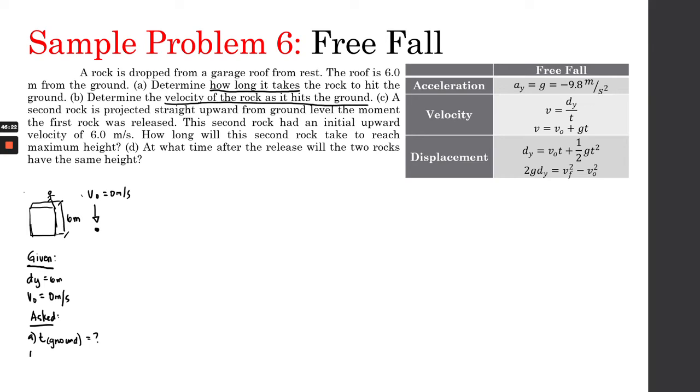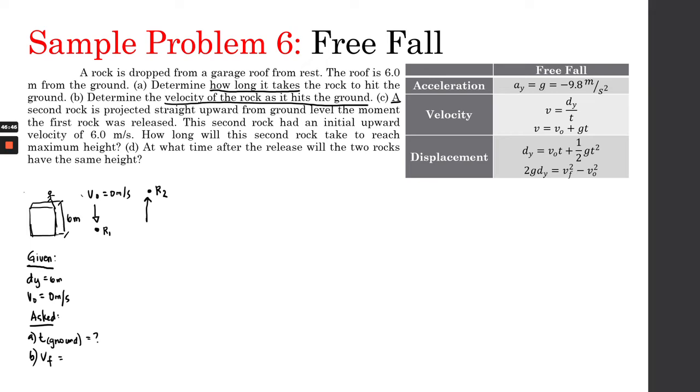So for B, we are determining the velocity final. As for C, a second rock is projected straight forward. So there's a second rock. This is our rock 1, and we have rock 2.